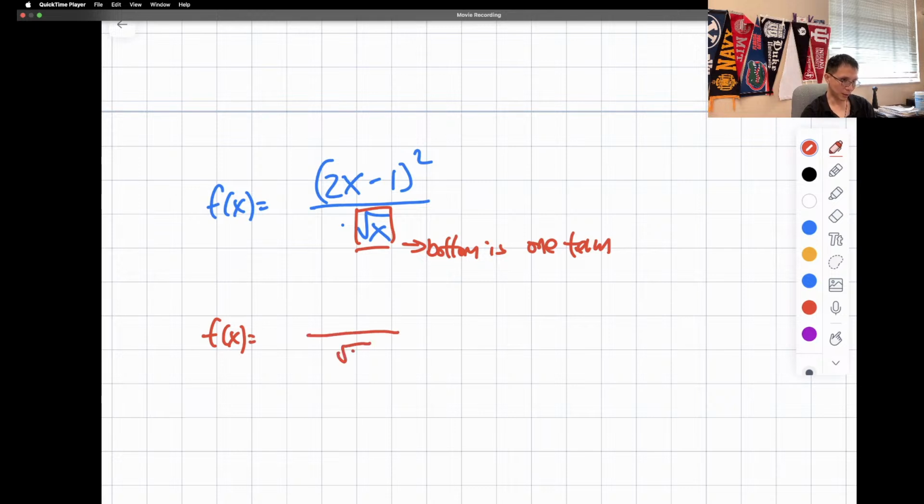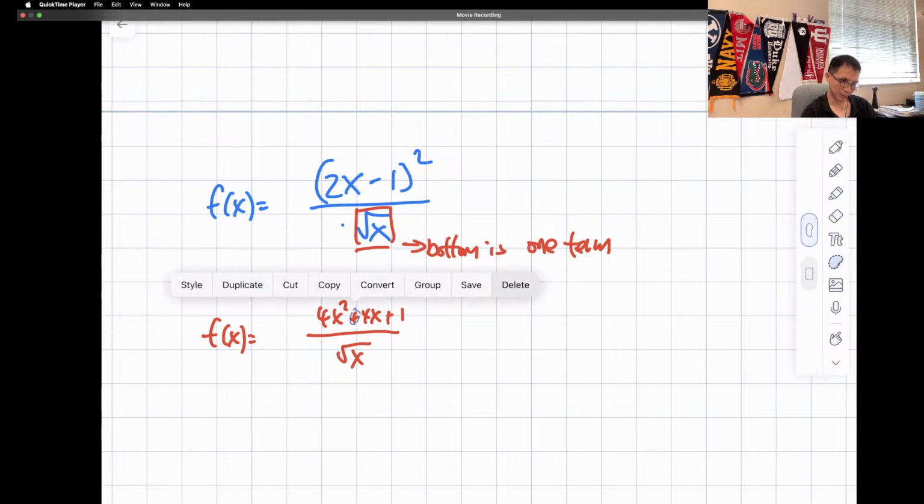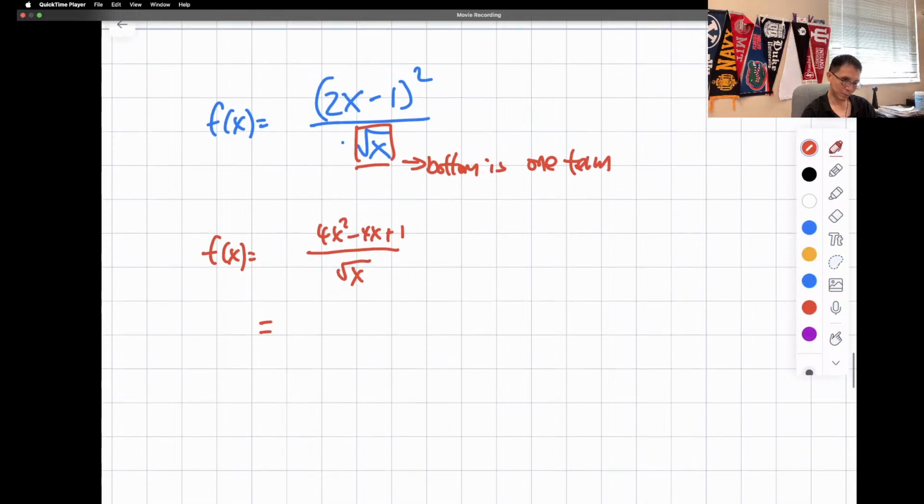So I'll just expand the top, which is 4x squared minus 4x plus 1. Sorry, this is minus. I will do this, and then I will split them, and simplify using the exponent rule.